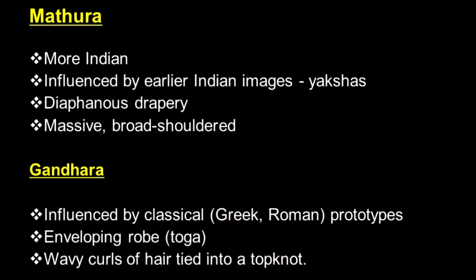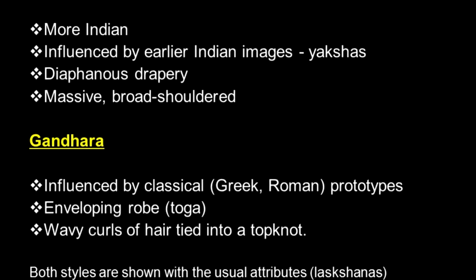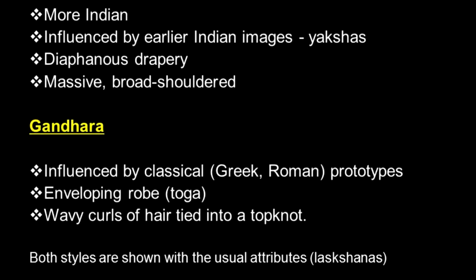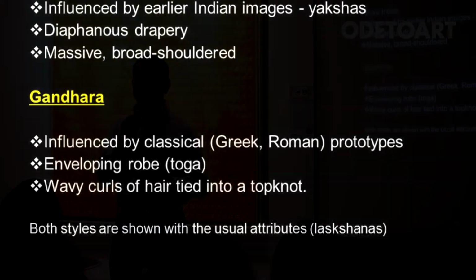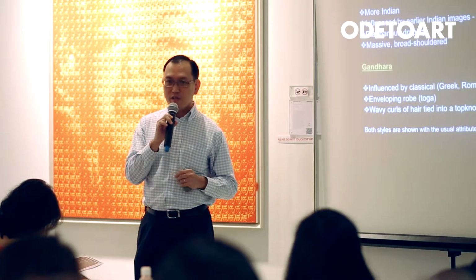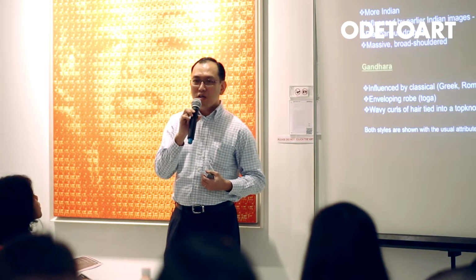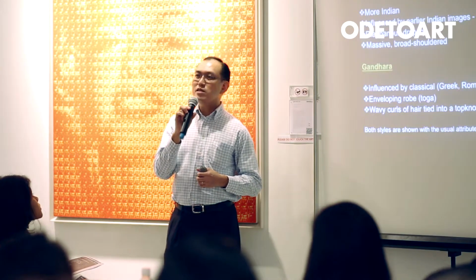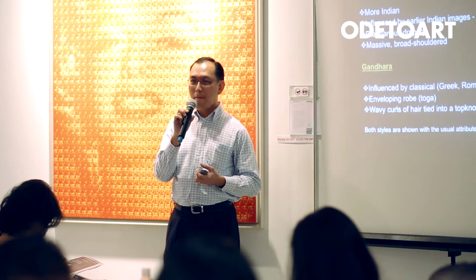It wears a diaphanous, very transparent, thin drapery, suited to the Indian climate, made probably of cotton. And it's massive and broad-shouldered. Whereas the Gandhara one was influenced by classical prototypes. By classical, I mean Greek or Roman.